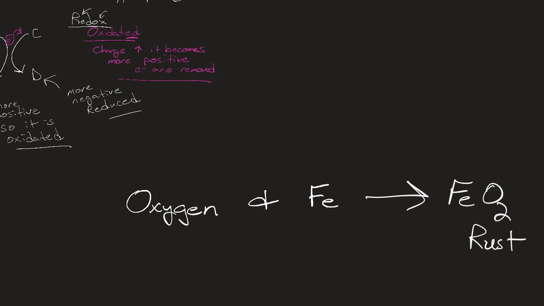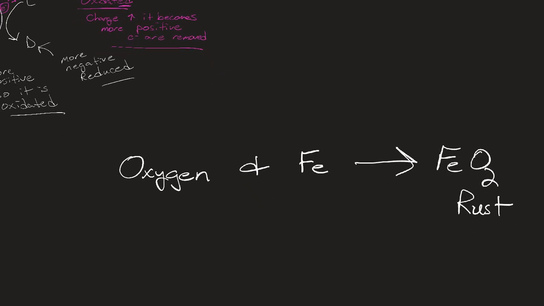But when you're talking about oxygen gas becoming iron oxide, Fe is +2, each oxygen is a -1. What did Fe become? Less positive, so it became reduced, right? It's less positive.